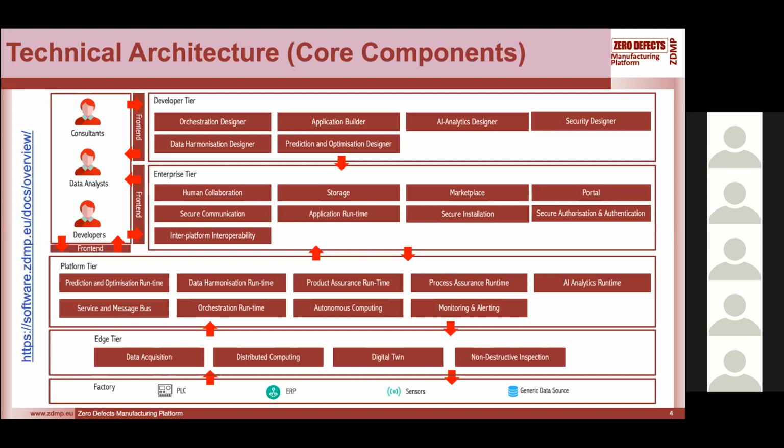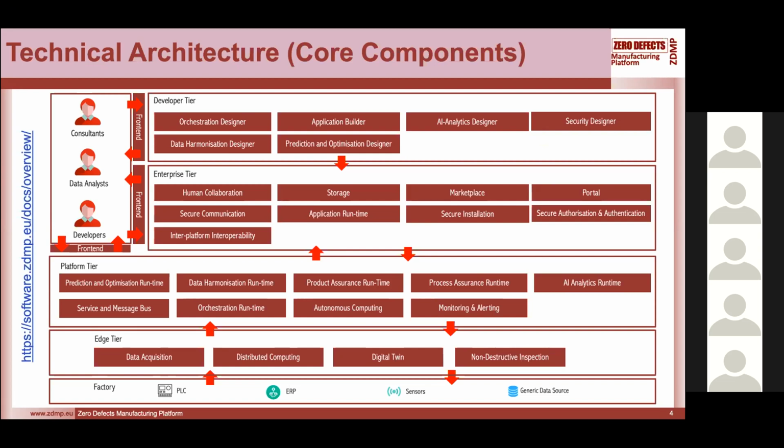Well, this is the full architecture of Cdmp. As you can see, there are a few components. We will explain some of them more deeply later. What I want to remark here is that Cdmp has two important flows. The first flow relates to the industry and the manufacturing process, in which the data is acquired, transformed, and computed using the edge tier.